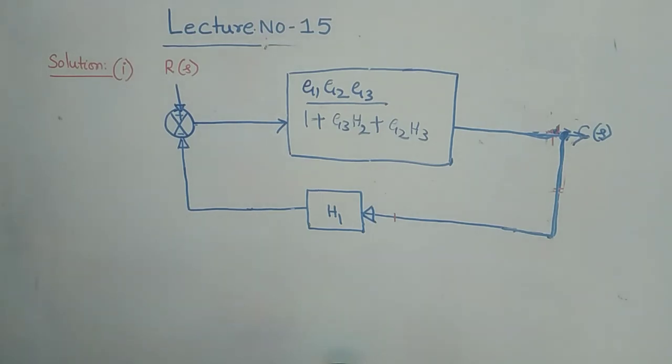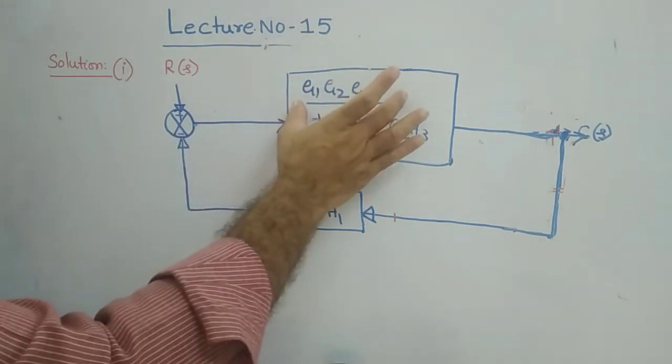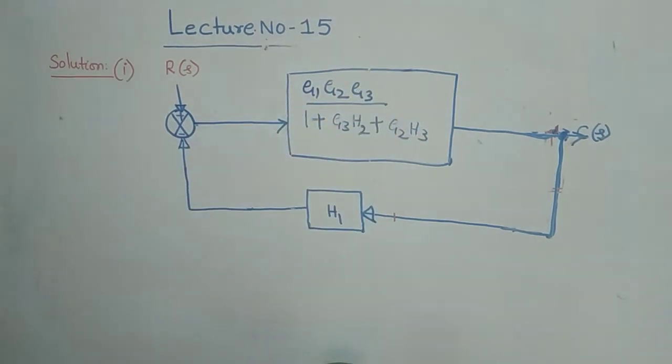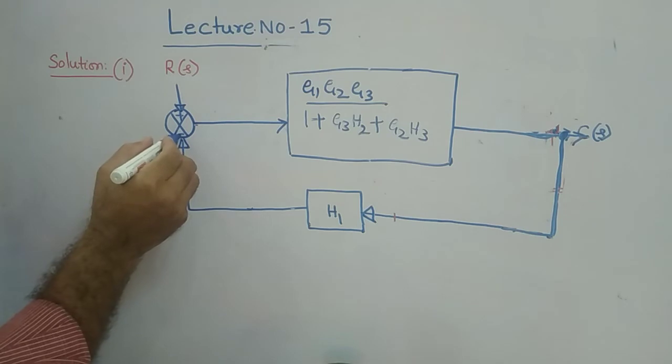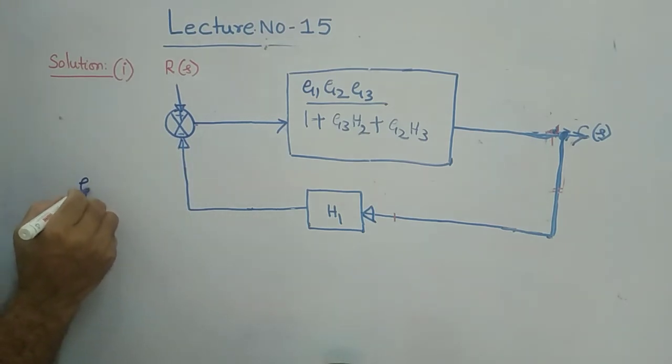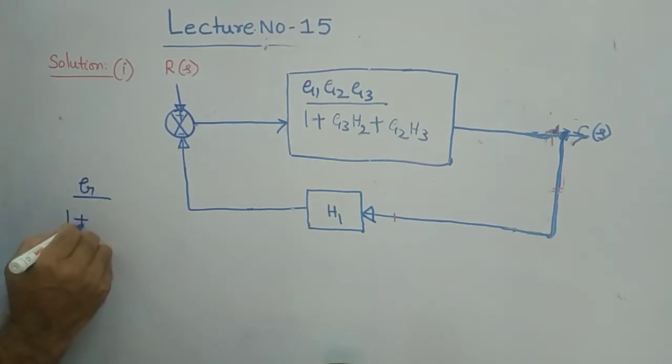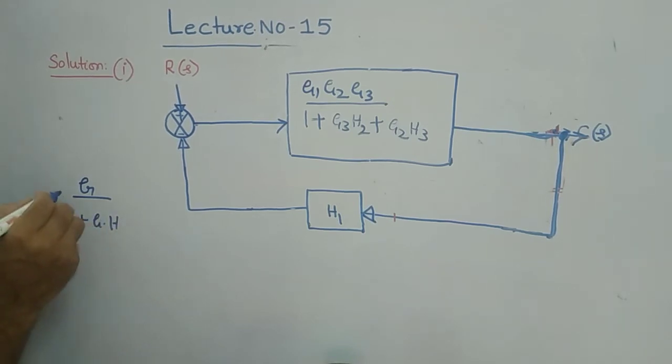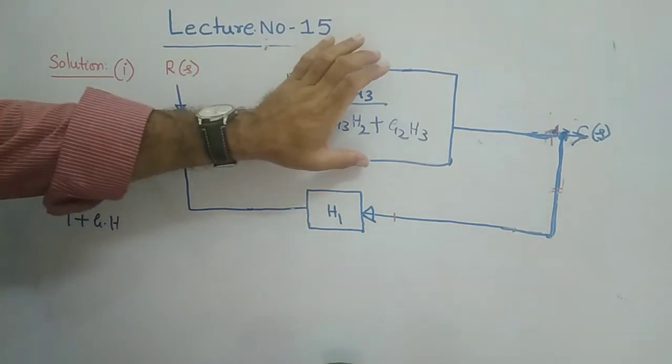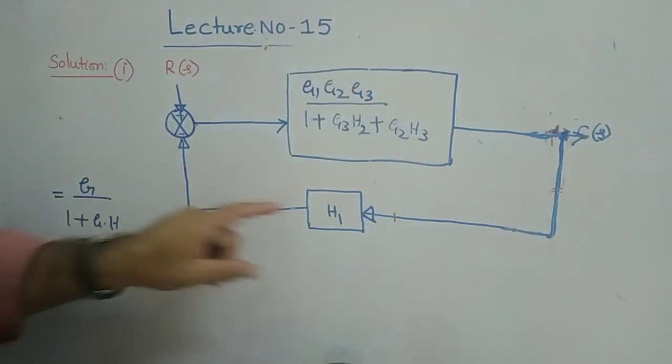Finally you can see that this is again negative feedback, nothing but gain by 1 plus gain into H. This is what your C of s by R of s is. Here gain is equal to this entire part, and H is nothing but H1 only.